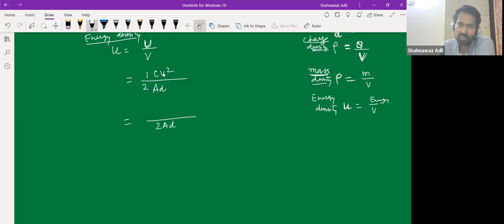It is A epsilon naught by D. Good. And then what is the potential in terms of electric field and distance?